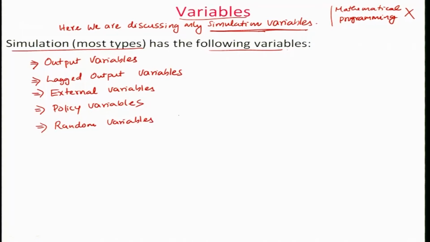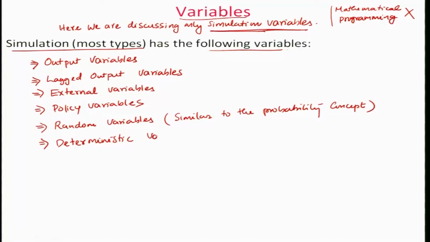This is similar to the probability concept, but we will see this in detail. And then the last type of variable is the deterministic variables. So, these are the major variables.